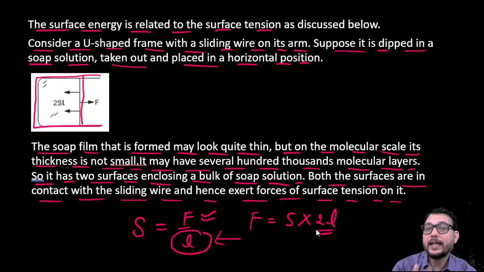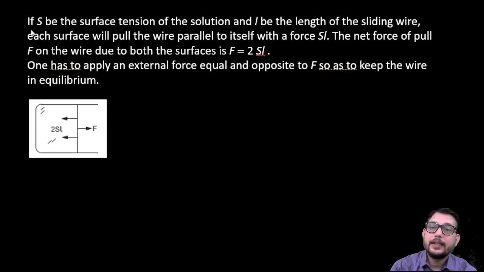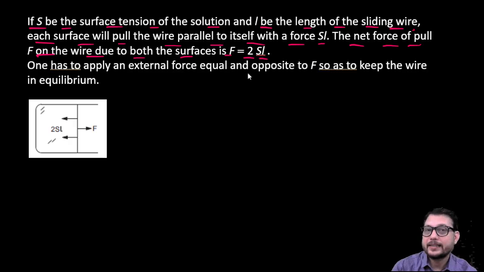So in place of L we have to put 2L. If S is the surface tension of the solution and L is the length of the sliding wire, each surface pulls the wire parallel to itself with a force SL. The net pull on the wire due to both surfaces is F equal to S into 2L.